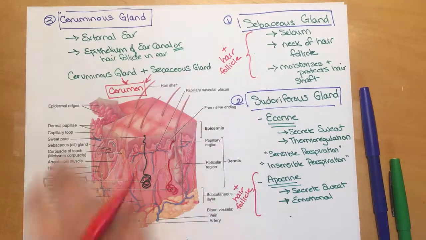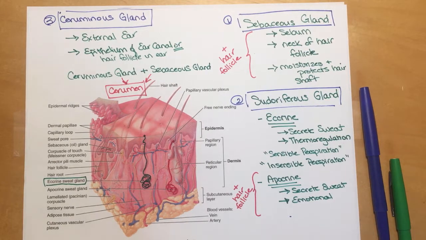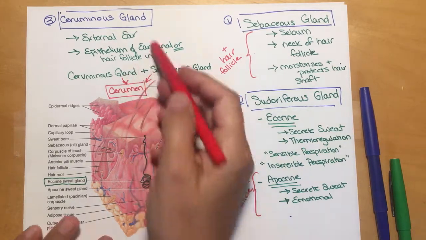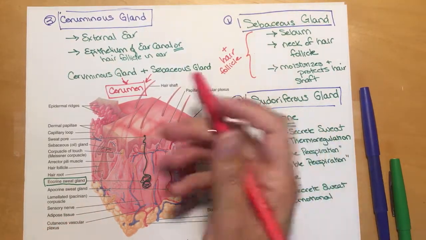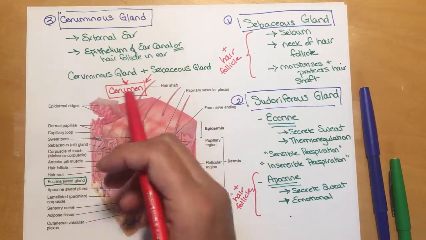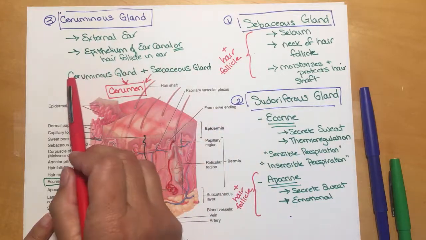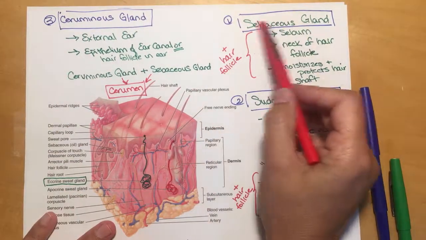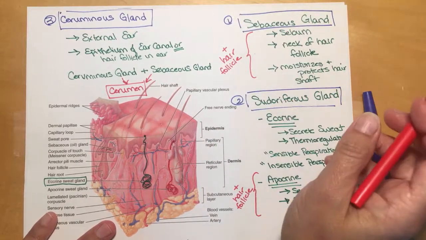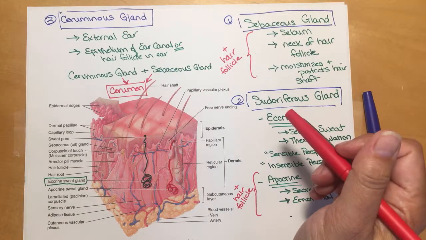And cerumen is a sticky, waterproof layer of wax, essentially, that's going to protect that external ear and protect the eardrum from water, trap particles, keep out insects, things like that. So it is the secretion of a ceruminous gland plus the secretion of the sebaceous glands, the sebum, that's going to make something called cerumen, which is essentially wax.